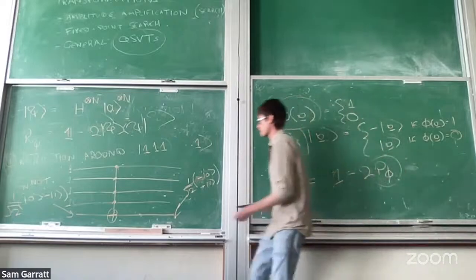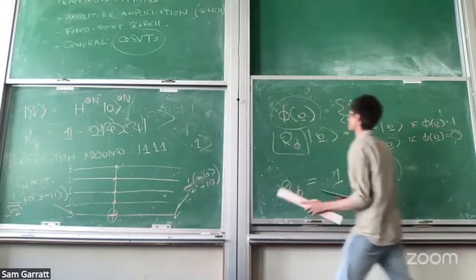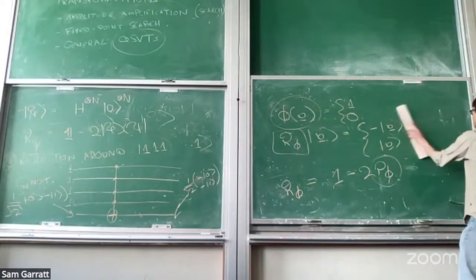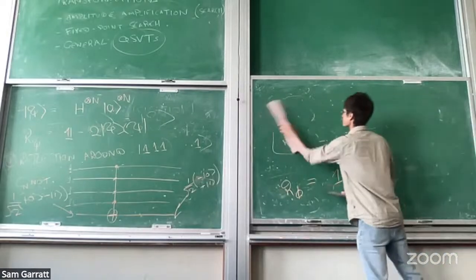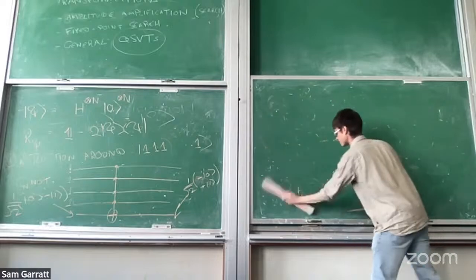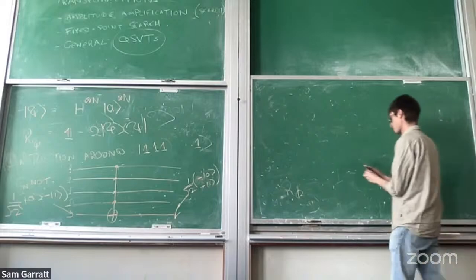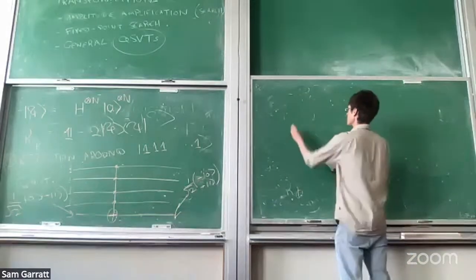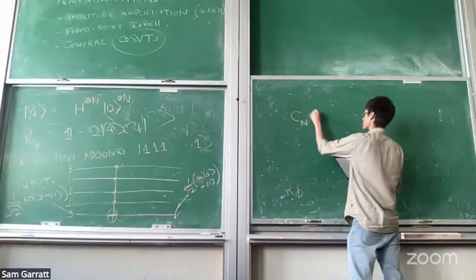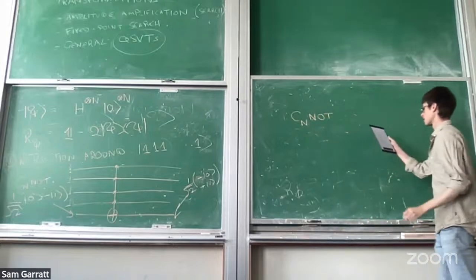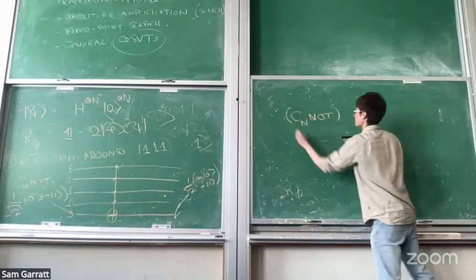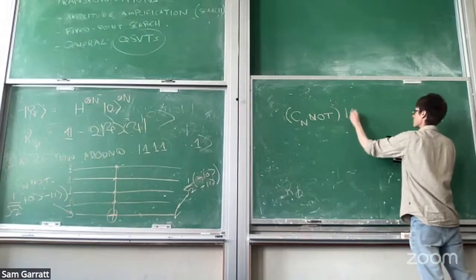So just to summarize that point, if I want to construct a reflection around the all one state, all I need to do is take Cn naught, acting on, I take basically 1 times n.